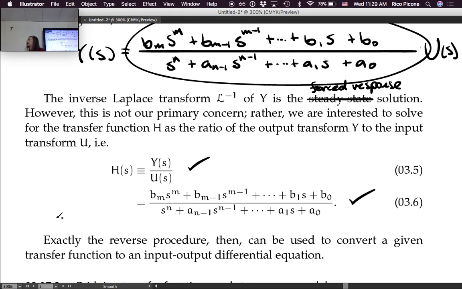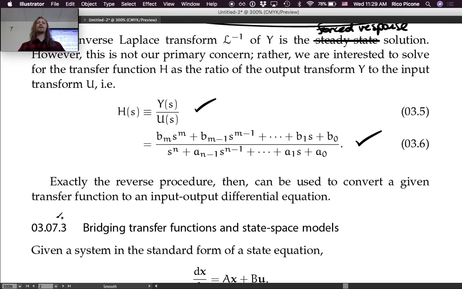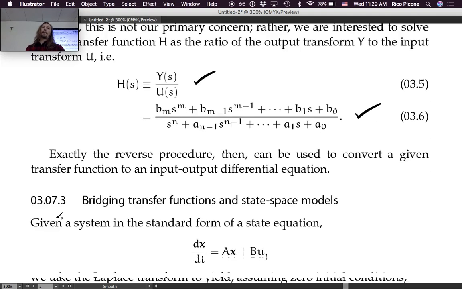It's pretty straightforward to just go back and forth with this procedure. So yeah, that's how to find the transfer function from an input-output differential equation. And then you can also go from a transfer function to an input-output differential equation with this procedure.